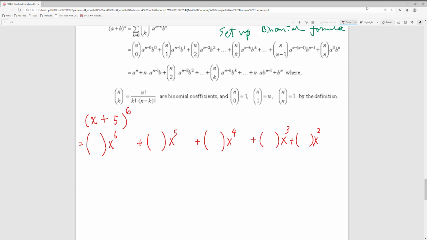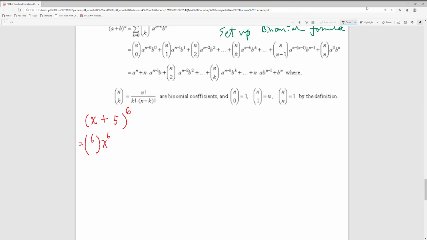Let me make enough space. Looks better. Okay.